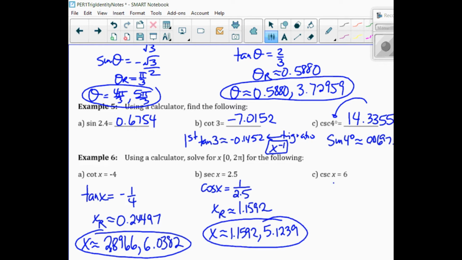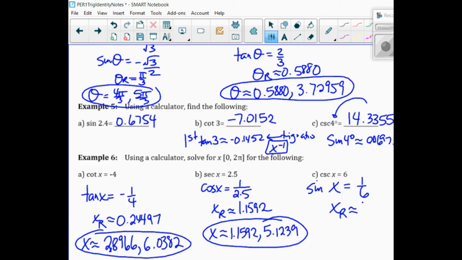All right, last question here. Again, we need to change this into sine of x equals 1/6. Remember, it's the reciprocal trig function. So if the trig ratio is 6, then the reciprocal would be 1/6. So first step, finding my reference angle.